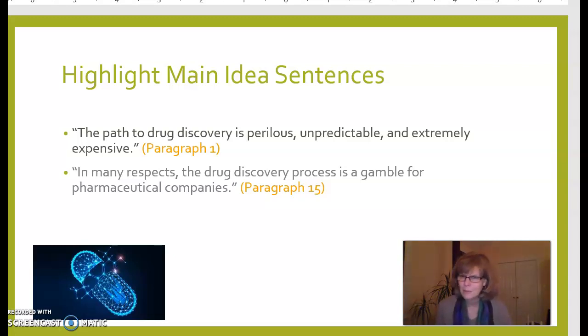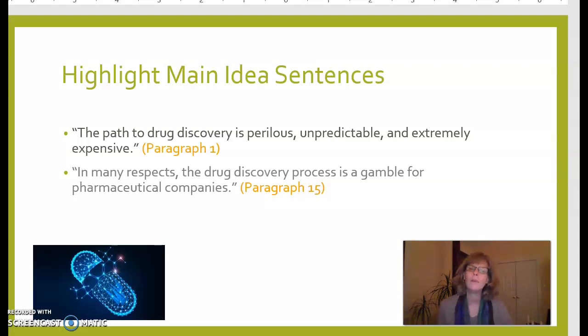So these are three sort of negative, at least difficult things about drug discovery. And I highlighted that. I think this is the author's claim, that drug discovery is really difficult, it's risky, it's perilous, unpredictable, expensive. You never know how it's going to turn out.